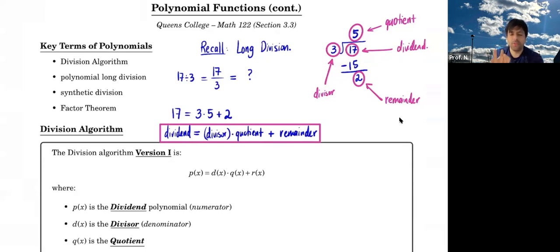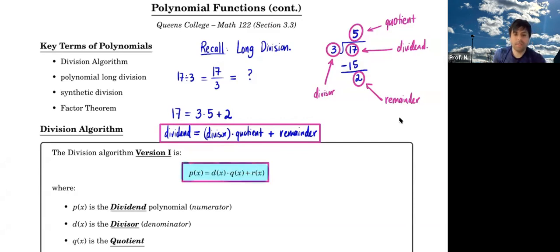If you have version 1, you can get version 2, and you'll see how we get to version 2. And the cool thing is that this division algorithm is not just applicable to numbers. The division algorithm can also be applied to polynomials. And so now we have this version here, which is literally exactly the same as the one described above.